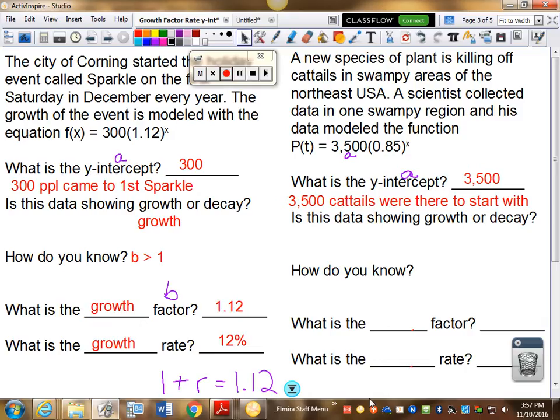Is this data showing growth or decay? Well, context of the problem said killing off, so that's going to hint at decay. But our equation also has a b value that is less than 1. So that's decay. How do you know?